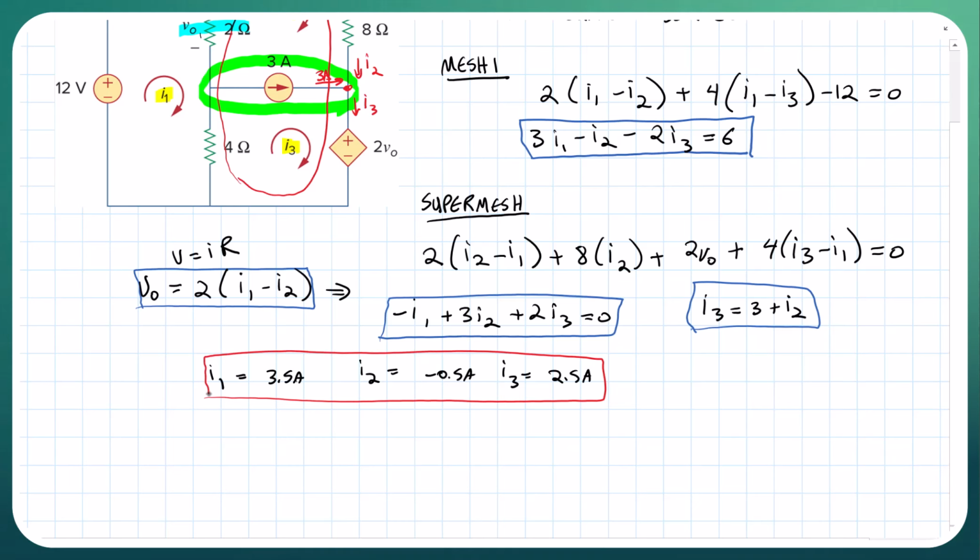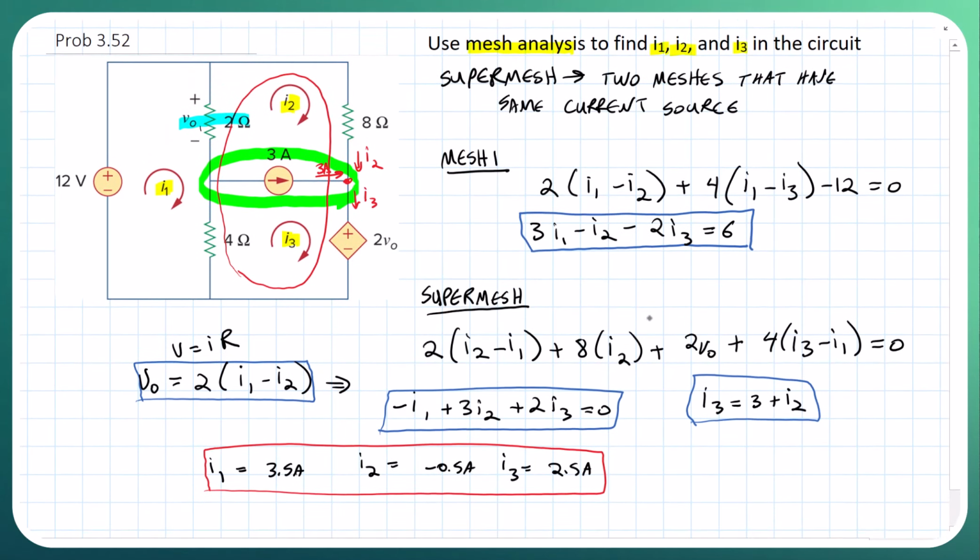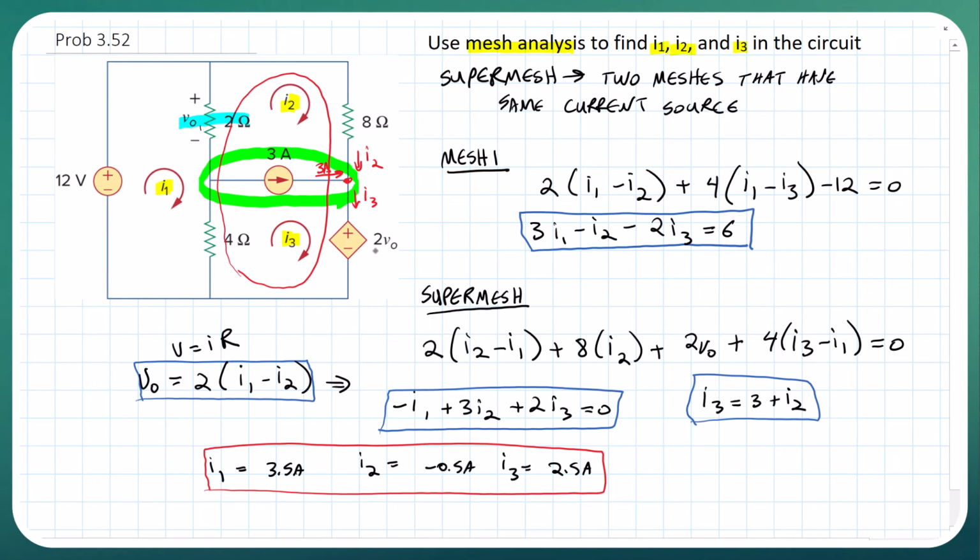Okay, so what we're doing is we're looking at the circuit, looking for patterns. In this case, we saw an independent current source being shared by 2 meshes. So we said, okay, this is a super mesh. We can ignore it temporarily and treat this whole thing as one big mesh. Do the super mesh analysis, looking at the currents going around in a circle. Do the same thing for mesh 1 here, and then we're given V naught across this resistance, which is going to allow us to get 2 V naught here, which will be substituted into that equation for the dependent voltage source.